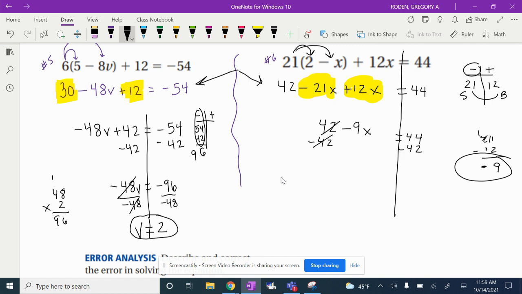And now I get negative 9x equals, well, 44 minus 42 is 2, right? And then I divide both sides by negative 9. And I get x equals negative 2 ninths.